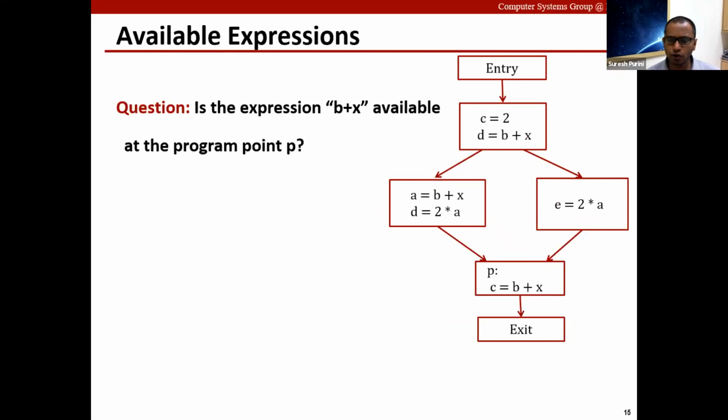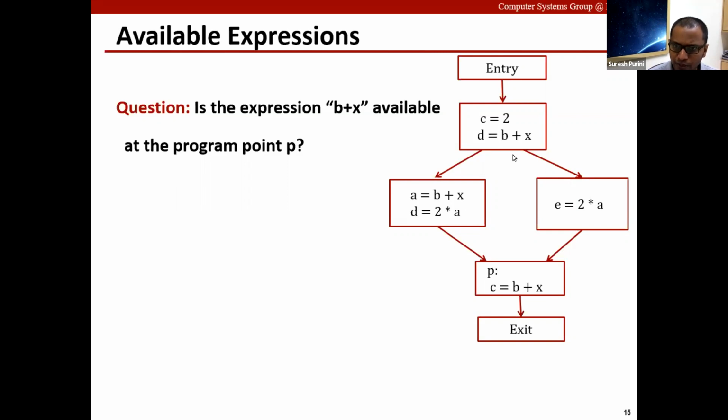Now let's look at one more example. Again, in this example, whether we come along this path or this path, the expression b plus x is available. It is important again to note that, depending upon the path, the value of the b plus x expression could be different, but still the computation at program point p is a redundant computation.